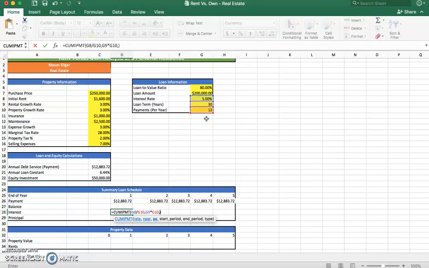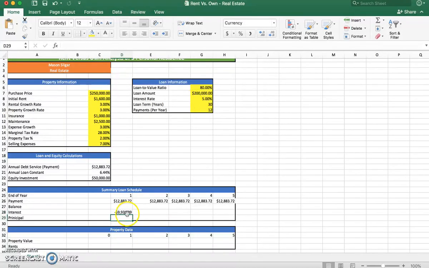Alright, next we have our loan amount, $200,000. The difference between this equation and the last one is we actually need to put in a time frame for them because it's cumulative. So our start period, we're going to start at month 1, and we're going to end with month 12. Alright, and then the last thing we need here, we're just going to put in type 0.